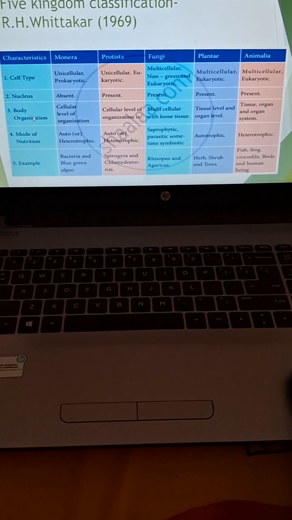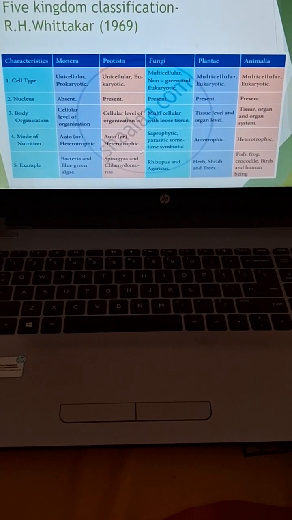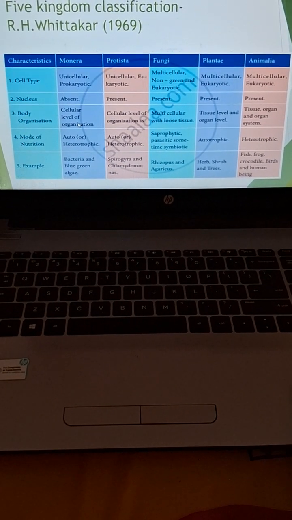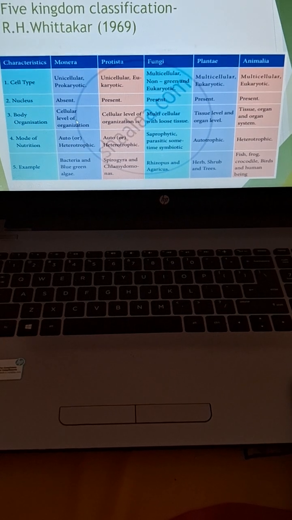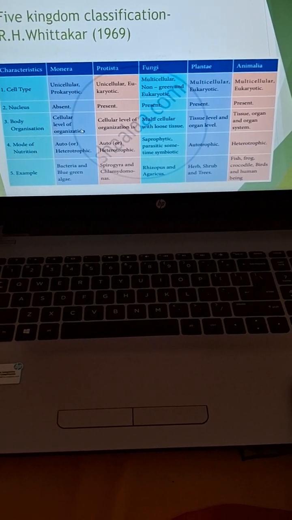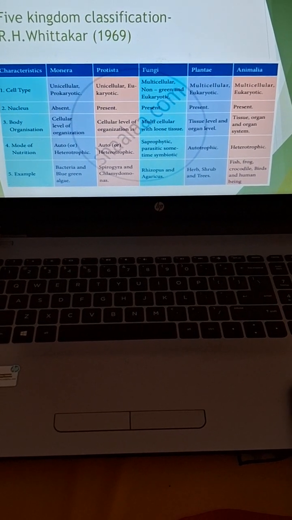So next, body organization. How the body is organized in all these organisms. Cellular level of organization. First, we need to say that cell, and a group of cells forms a tissue. A group of tissues forms an organ, and a group of organs forms an organ system.